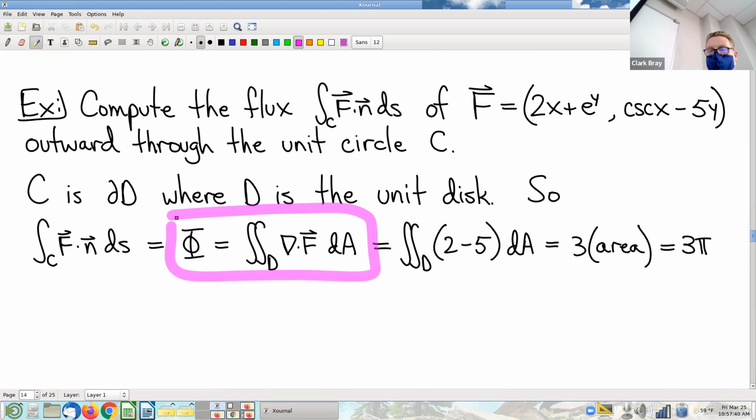How did I mess up the sign again? I must have been in a rush when I did this. But anyway, divergence: we take the x partial of that and then the y partial of that. 2 minus 5 is -3, not 3. Silly me, I'll get this fixed as well. So -3 there. So the answer is -3 pi.